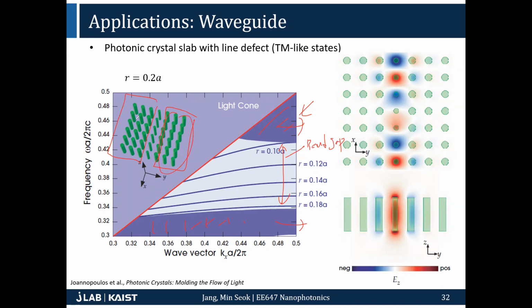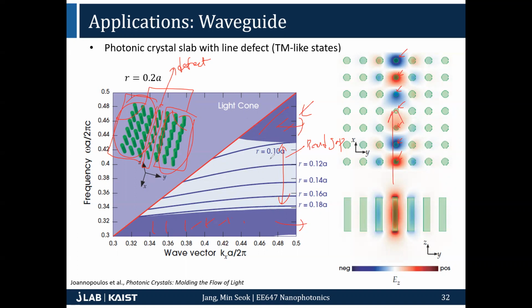So this region does not allow a wave penetration into it, right? There's no propagating mode in this 2D photonic crystal. But as I said, if you have a defect, right? So you see here, there are smaller cylinders here. Then now it can support a guided mode, okay?